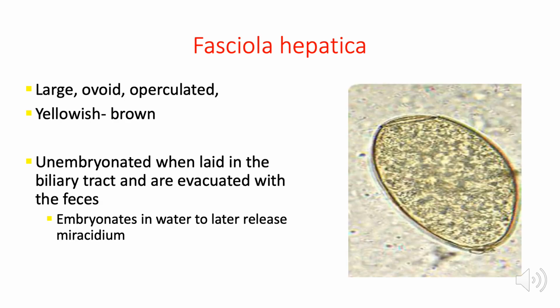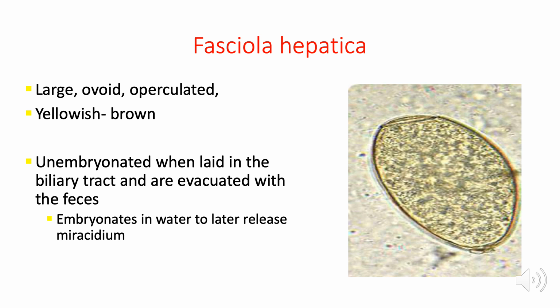The description of Fasciola hepatica ovum is almost similar to that of Paragonimus. It is ovoid in shape, it is yellowish to brown in color, it is operculated, and it is unembryonated upon discharge. What sets it different from Paragonimus ovum is that its posterior end is not thickened.